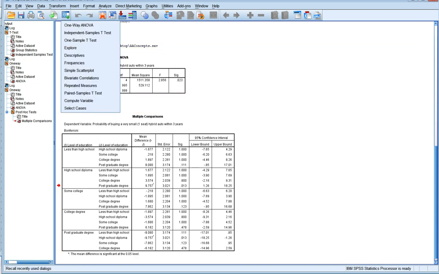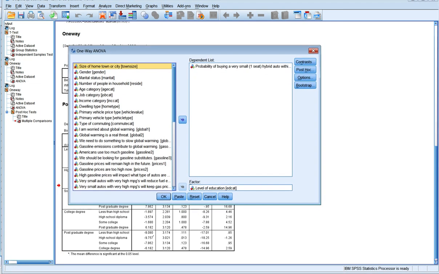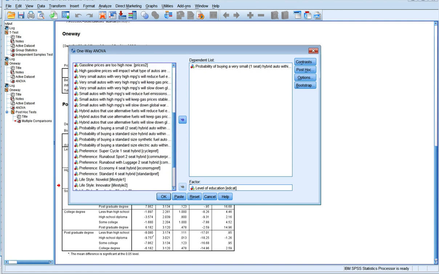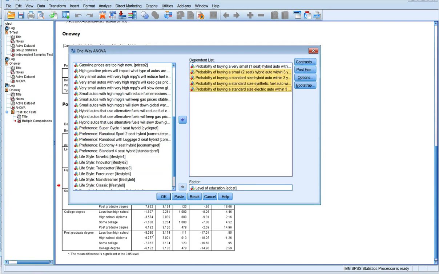We can do something else. I would like to run Anova again, but this time for all 5 probabilities. So I'm going to enter the other 4 probabilities, and now SPSS will run Anova 5 times and a Post-Hoc test for each of the 5 Anova tests.